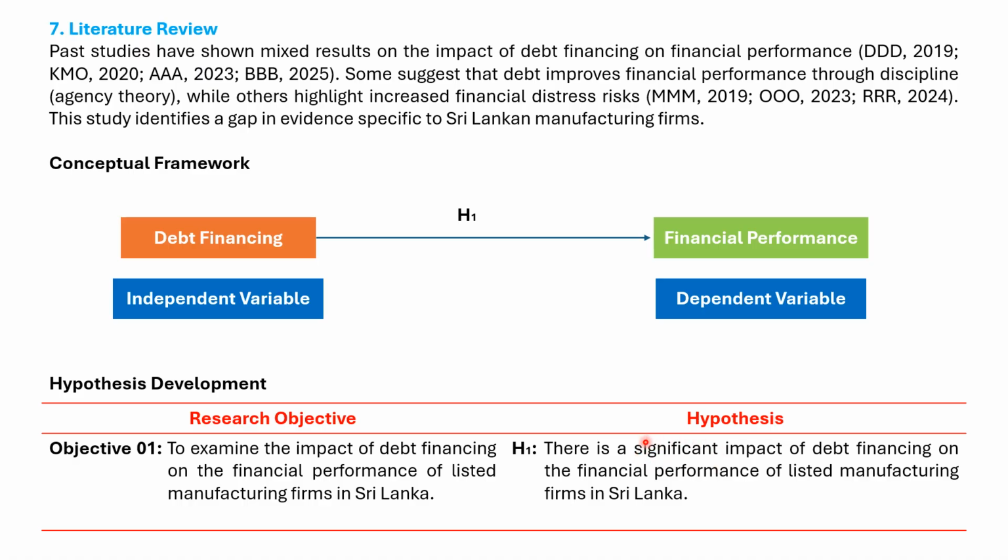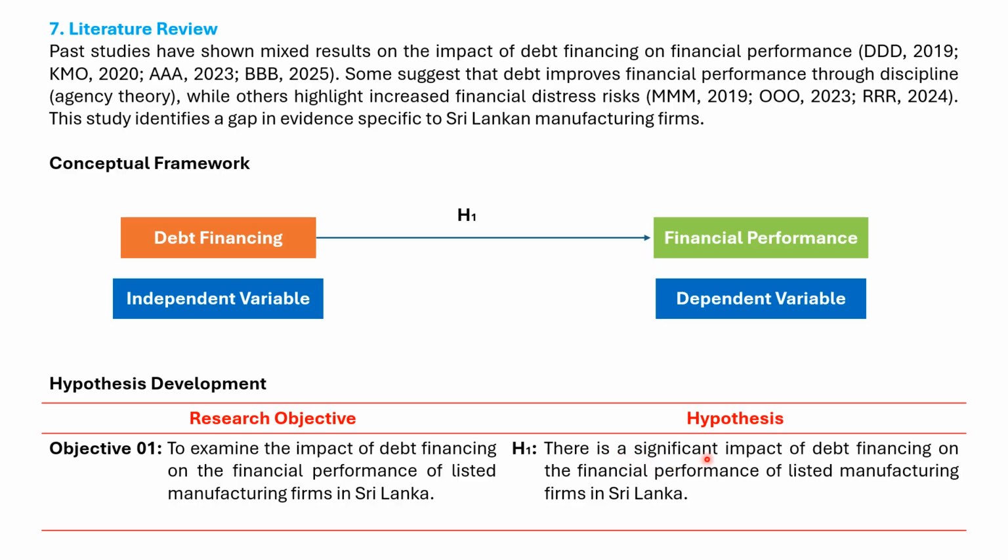Now, you might have seen that some write the hypothesis like there is a significant positive impact, or a significant negative impact, likewise. It depends on the author, but if we write in such a way, our research is a little bit more biased because we are predicting a positive impact, or we are predicting a negative impact.